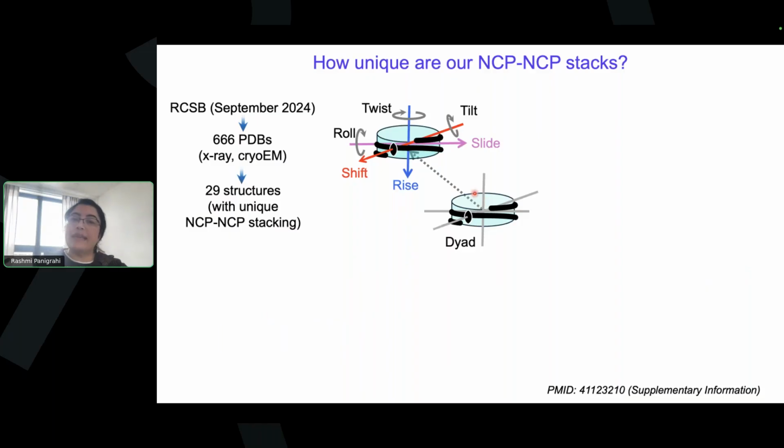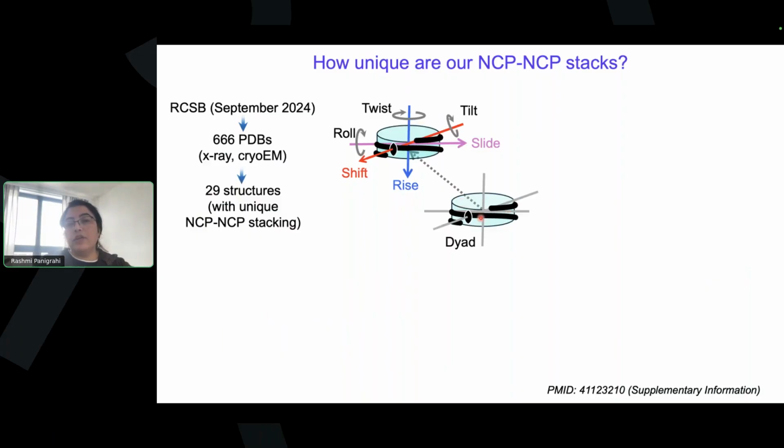What it means is that they are parallel to each other, not arranged at an angle like 90 degrees, like an L. Some other papers reported previously have considered the L kind of arrangement as NCP-NCP stacks, but we have excluded that from our analysis.